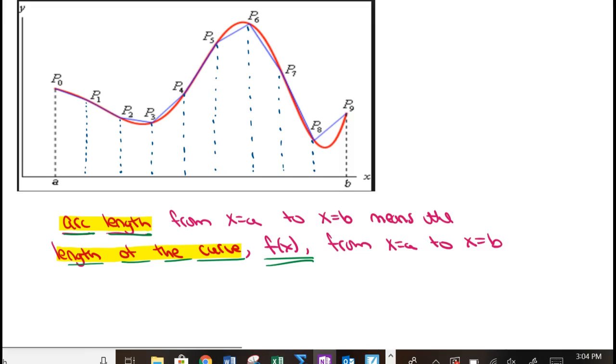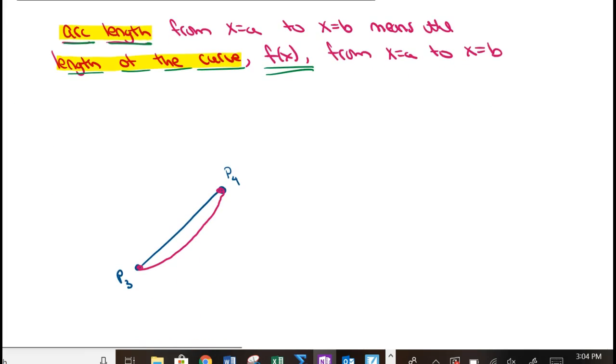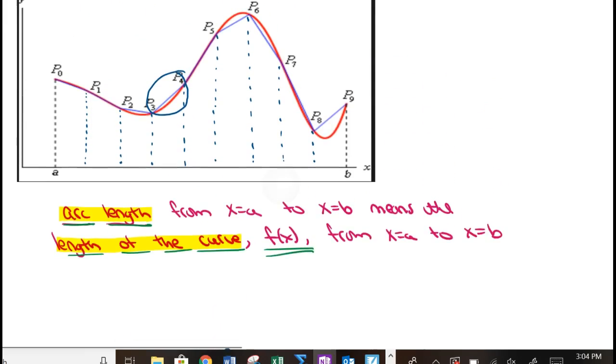To derive this, I'm going to take one particular segment right here, this interval, and zoom in. I've zoomed into this one segment, and just remind yourself here, the red is the actual length of the curve. This blue here is the blue up here.